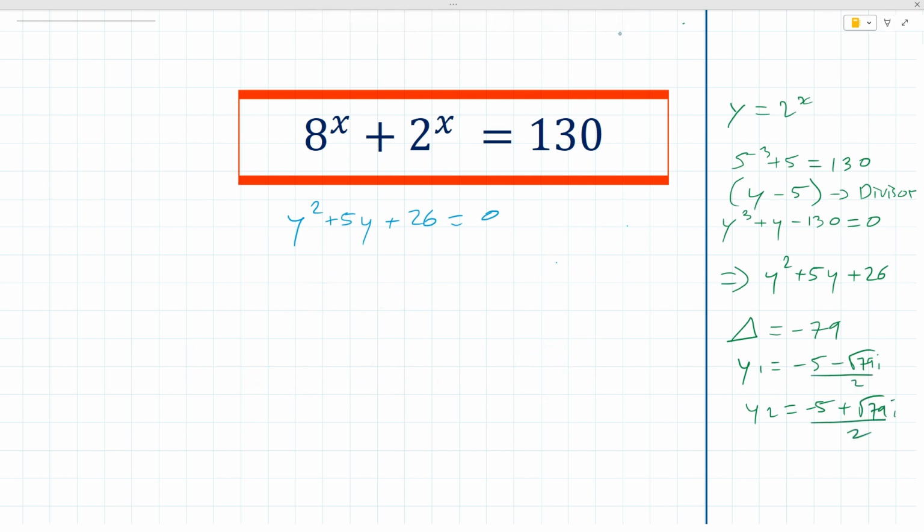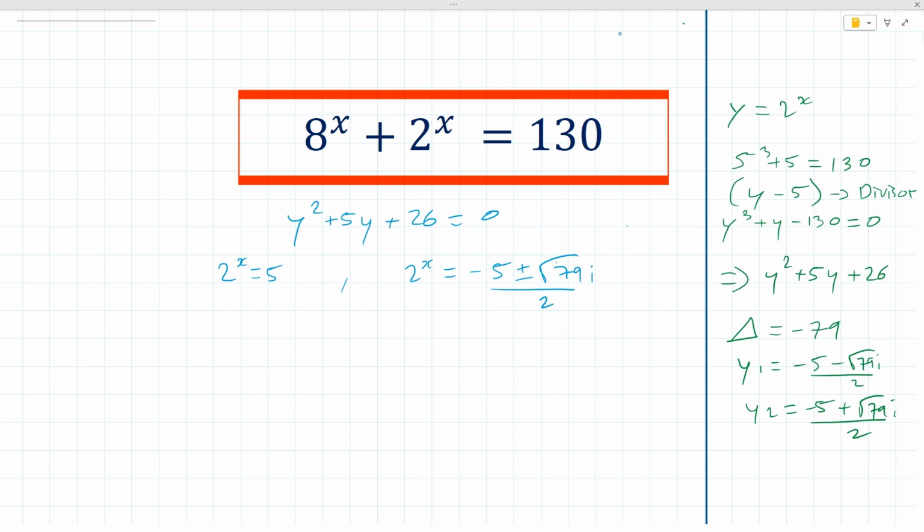So to finish this question here, we're going to say that 2 to the power x is either equal to 5 or 2 to the x, and I'm going to group those together, is equal to minus 5 plus or minus the square root of 79i over 2.